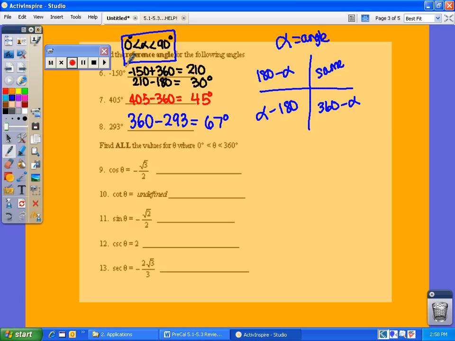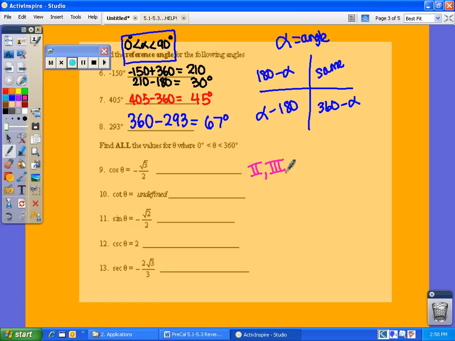Alright, the next section is all about the unit circle. So the first one says that cosine is negative square root of 3 over 2. Well, I know that cosine is negative in the second and third quadrant.